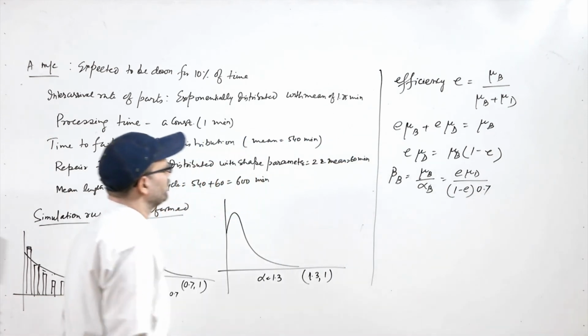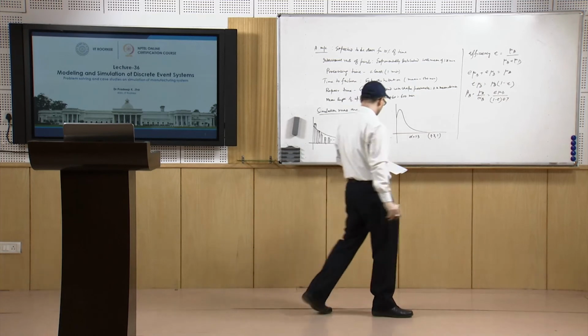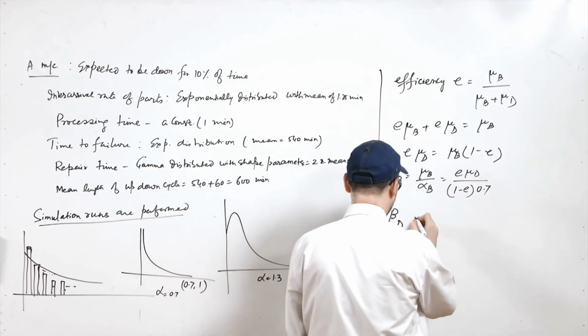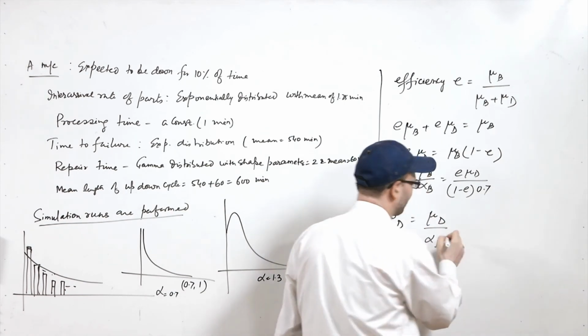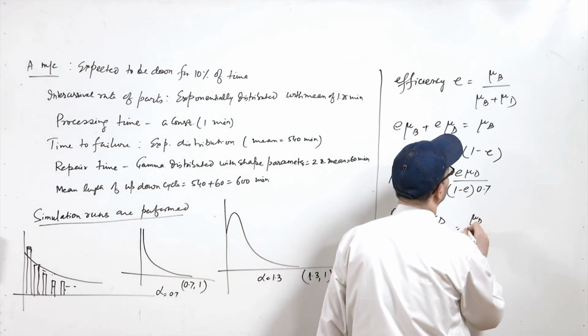This is how you calculate beta B. Similarly, you can calculate beta D for the downtime, and that will be mu D upon alpha D. The alpha D value is 1.3, so it will be mu D by 1.3.